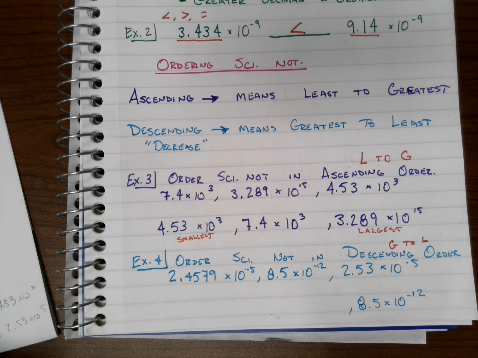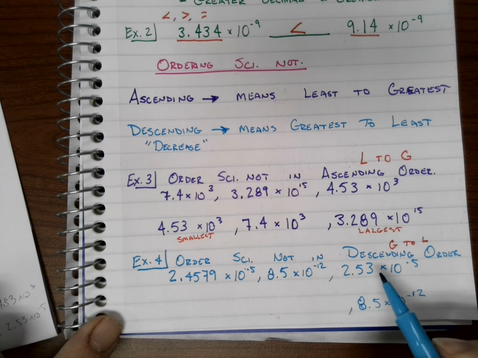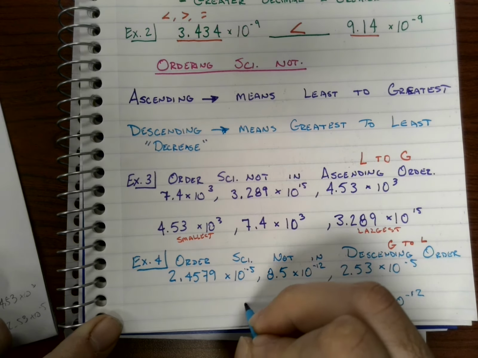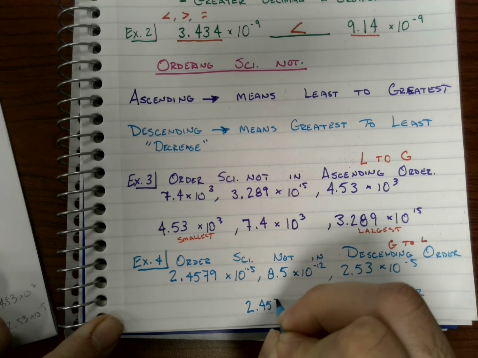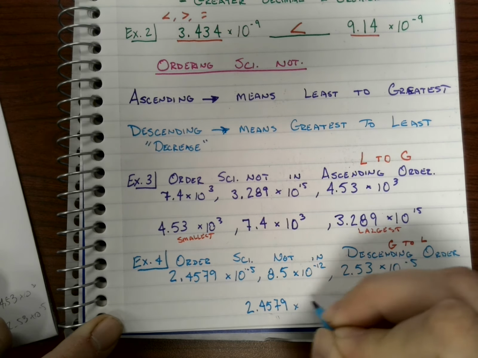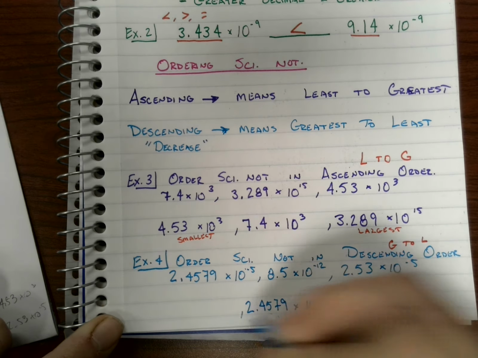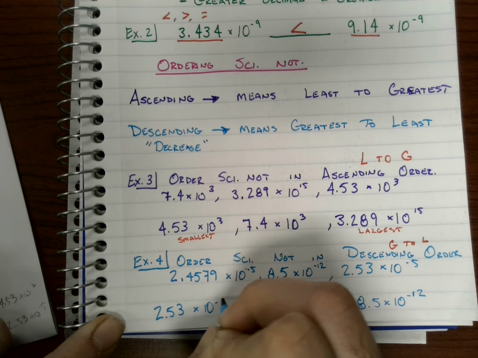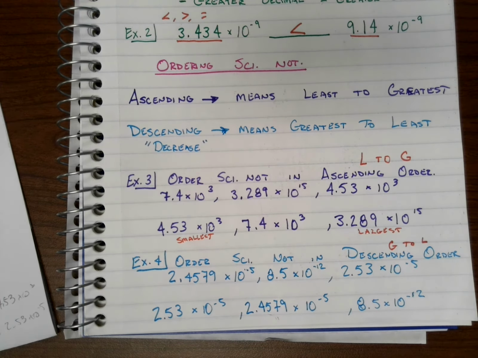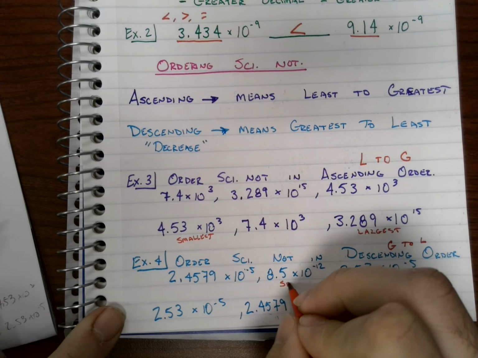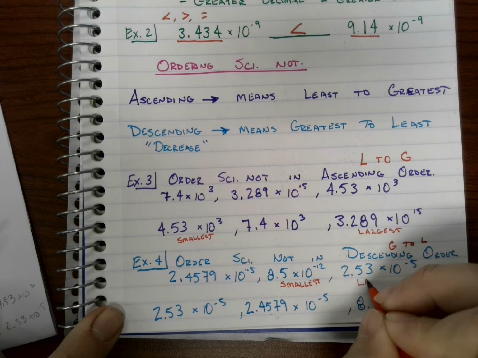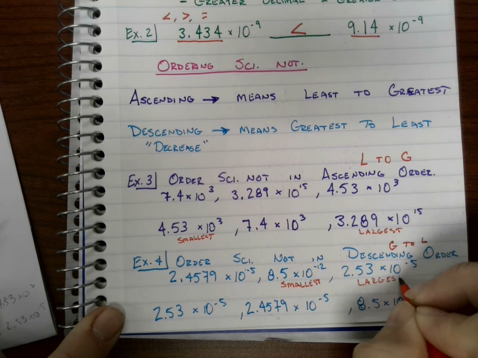So this is my greatest number, which means this is my middle. So we have 2.4579 times 10 to the -5th, and my largest number, 2.53 times 10 to the -5th. Okay, so this is my smallest because of our exponents, and this was my largest, and I had to go to the decimals to order those.